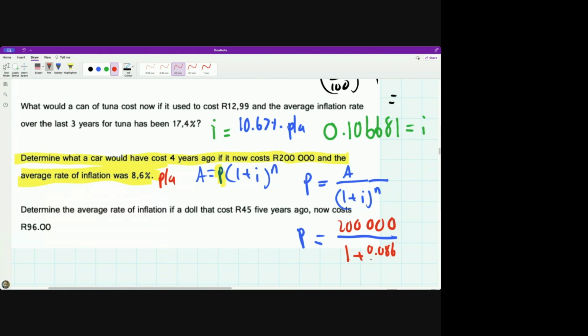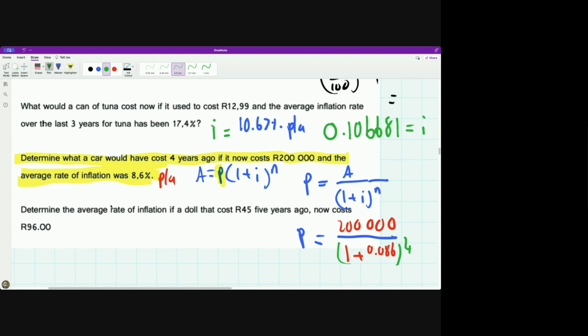It's per year, so you can say it's like over 1, or you can just leave it as it is. But we're not done because we need an n. What is the n going to be? Well, it was 4 years, and so that's 4. So fraction 200,000 divided by bracket 1 plus 0.086 to the power of 4.